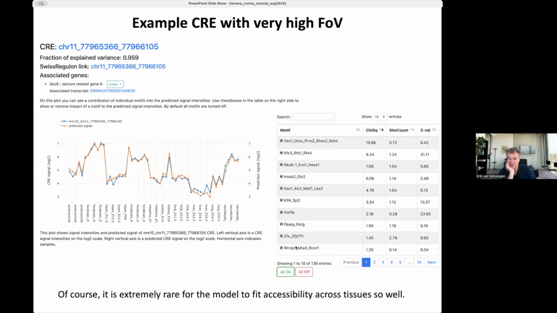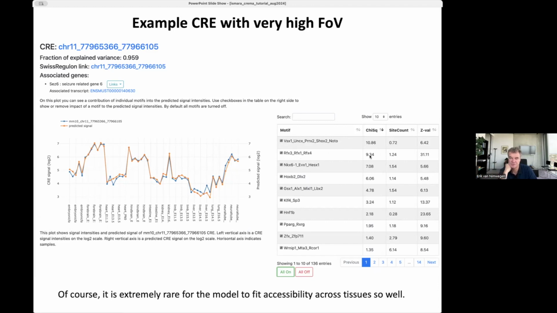These are all the regulators that are predicted to target this motif, and they're sorted by their target score. So this motif, VSX1, UNCX, this is bound by multiple factors, has a chi-square score of 10. It has 0.7 binding sites. The Z value of this motif is 6, and so on. So you see this one also has an RFX site.